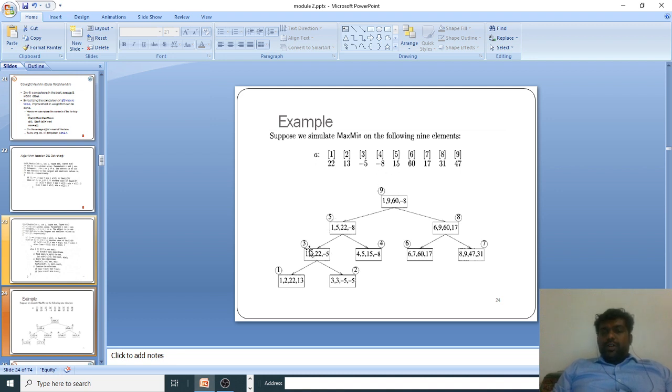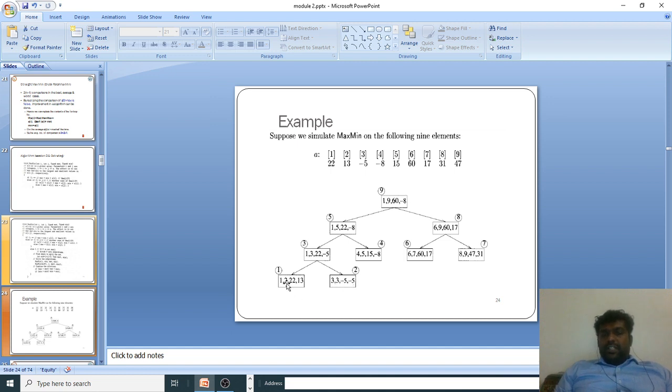Next, on the left hand side, 1 to 3, again (1 plus 3) by 2 is 4 by 2, which is 2. So on the left hand side, 1 to 2: 22 is the maximum, 13 is the minimum. And on the right hand side, you have 3 and 3, minus 5 and minus 5.